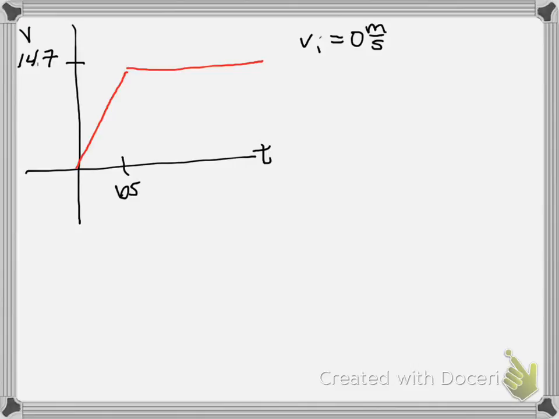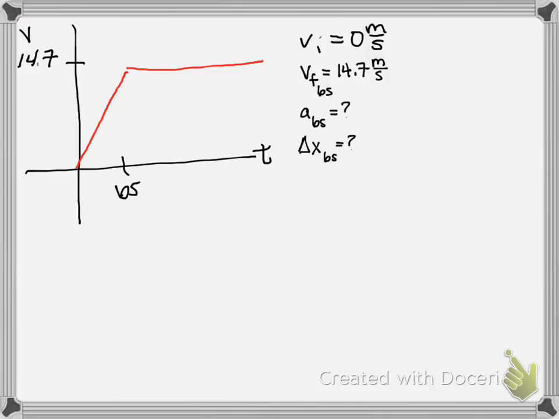I know that Hannah gets to a final velocity of 14.7 meters per second over a 6-second interval. I don't know what Hannah's acceleration is over those first 6 seconds. I also don't know what Hannah's displacement is over those first 6 seconds.